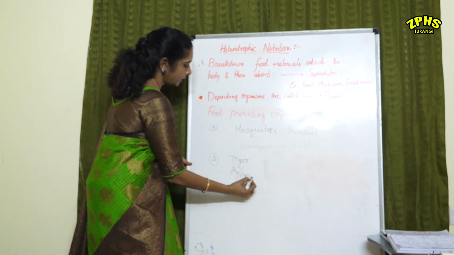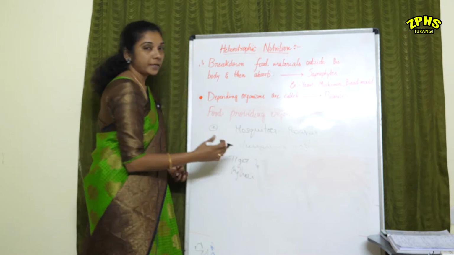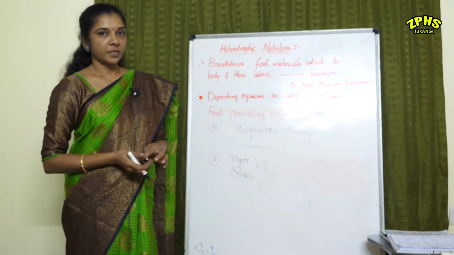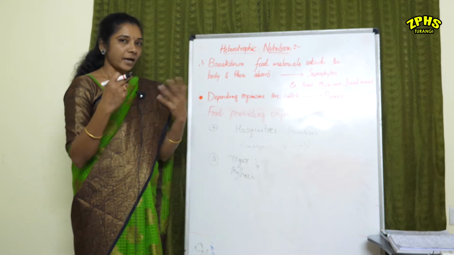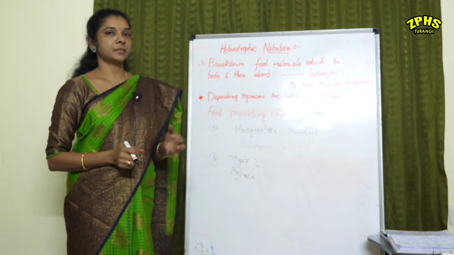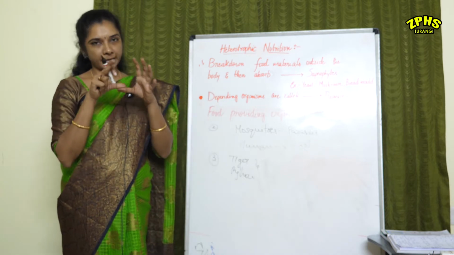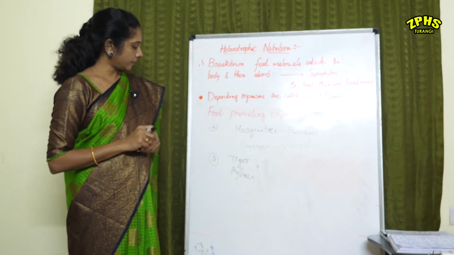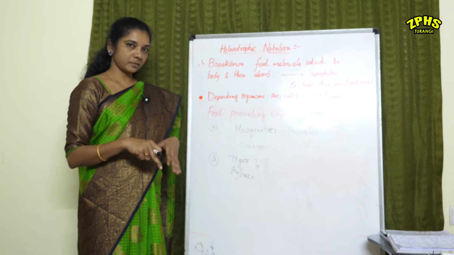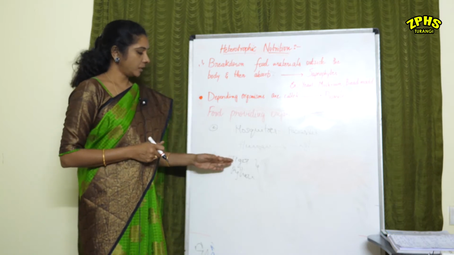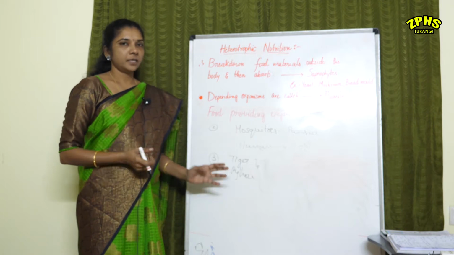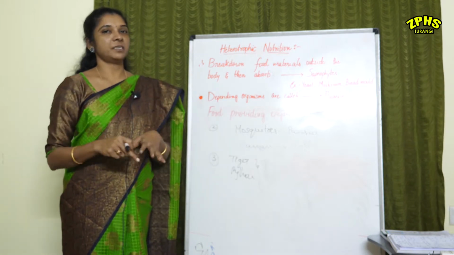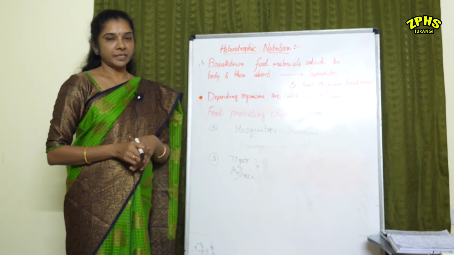You know, these are carnivores, they take other animals as food. Tiger cannot swallow an entire animal, but it hunts the animal, bites it, tears the body into pieces and then takes the pieces inside the body. And if you see the python, it is a snake, it swallows the complete animal inside the body, right?